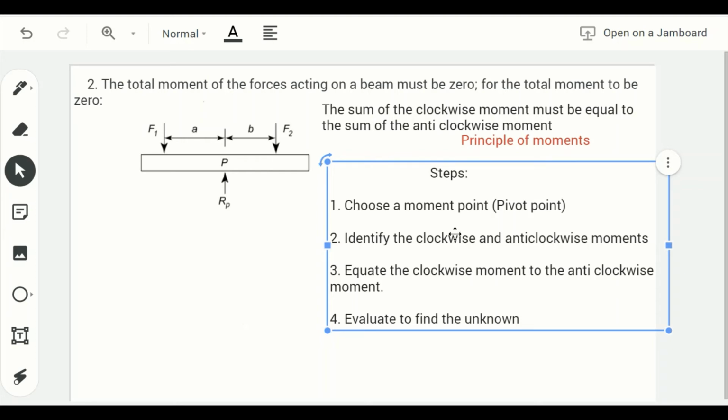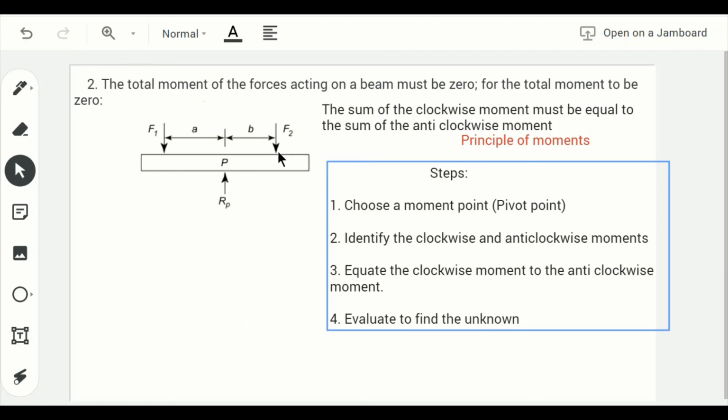Now, step 1, you choose a moment point. Now, moment points are chosen at any point where you have a force. That means from this diagram, I can choose my moments at F1, at point P, and at F2. So moment points are chosen at any point where you have a force.